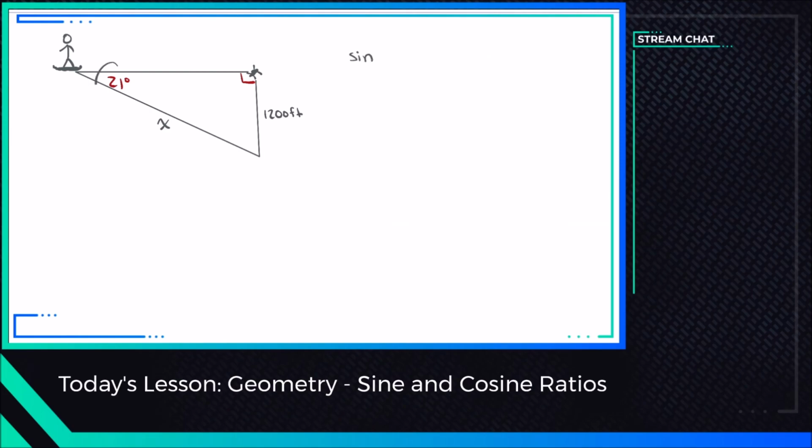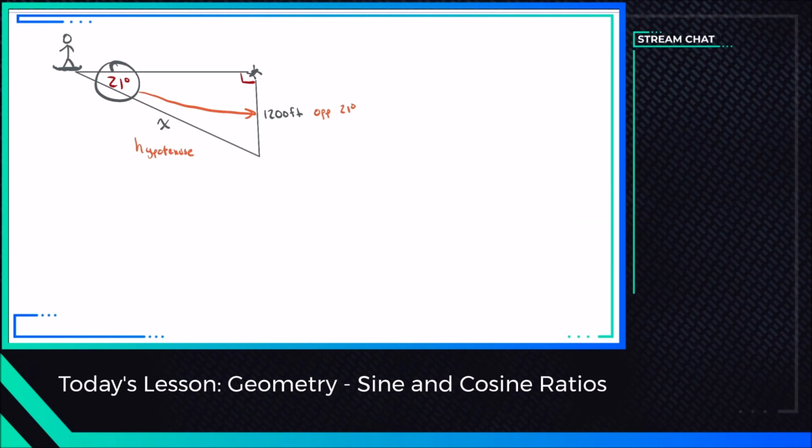And so the sine is what we're going to use, because if we look at 21 degrees, this x right here is our hypotenuse, because it's across from that. And the only other information that we know is going to be the leg that is opposite 21 degrees.